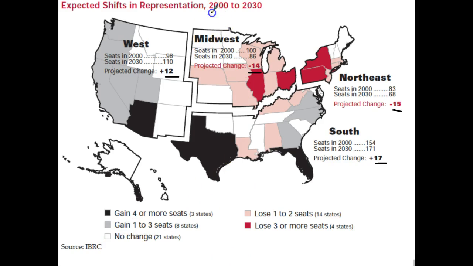So we're going to really see a fundamental shift in representation. Some of the other explanations might be migration from Mexico and from Central and South America, and so they're going to populate the states on the southern border. So we can see that as being a trend as well.